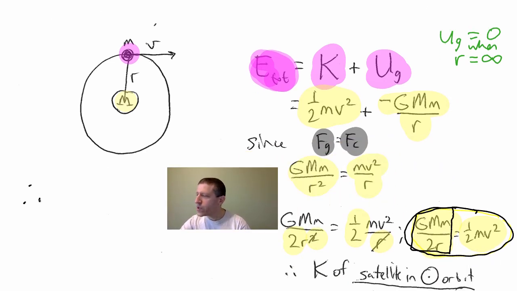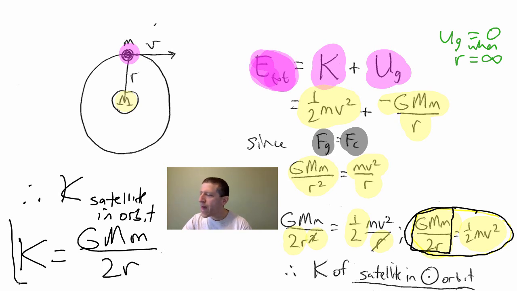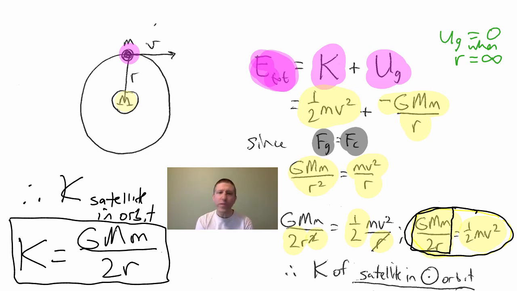Therefore, the kinetic energy of a satellite in orbit can be expressed by this. K equals G big M, the mass of the planet it's orbiting, little m, the mass of the satellite, over 2r. That is the kinetic energy of a satellite in orbit. It only works if it's a satellite in orbit.